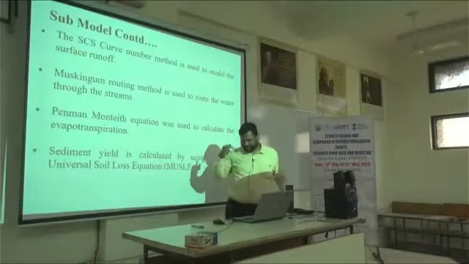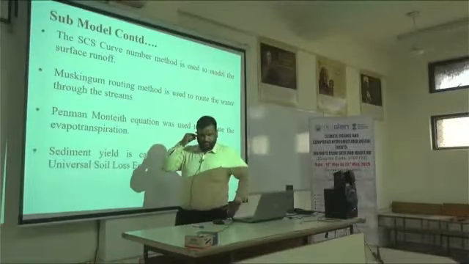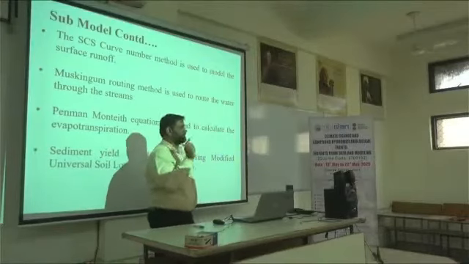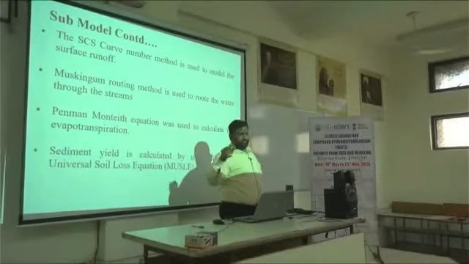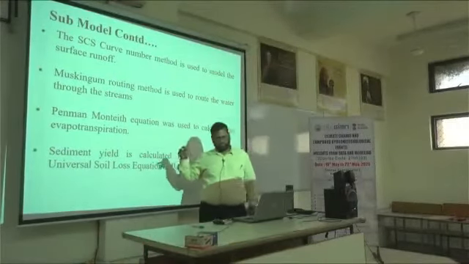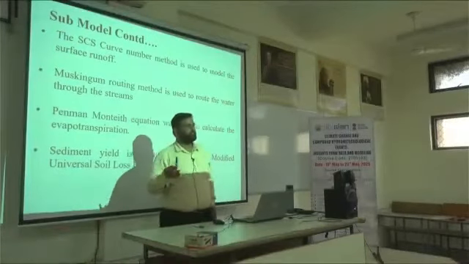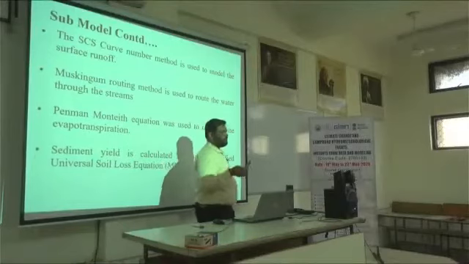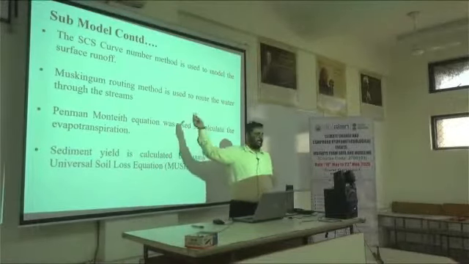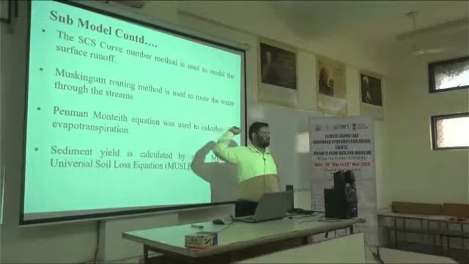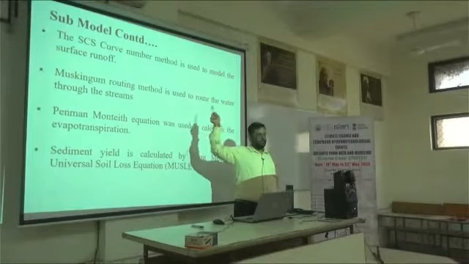SWAT is basically a combination of multiple models. As we have already discussed, hydrological models are simplified versions, a combination of mathematical equations. SWAT itself is a combination of different types of sub-models. As I have mentioned, it uses the SCS curve number method for runoff computation.